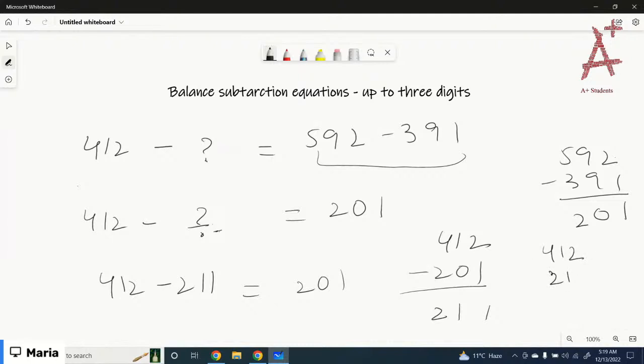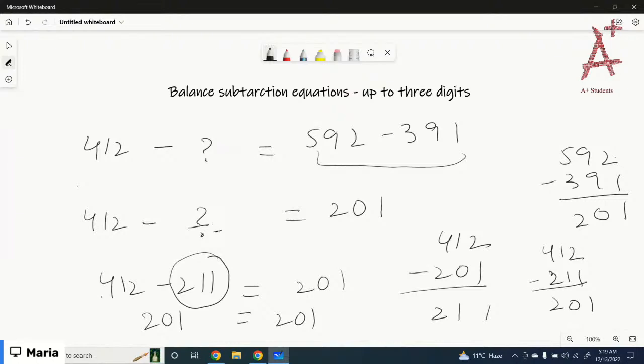Both of the sides must have the same answer. 2 subtract 1 is 1, 1 subtract 1 is 0, and 4 subtract 2 is 2. See, both of the sides have the same answer. Got it? That means the missing number is 211, so that when subtracted from 412, both sides of the equation are the same. Got it, everyone?